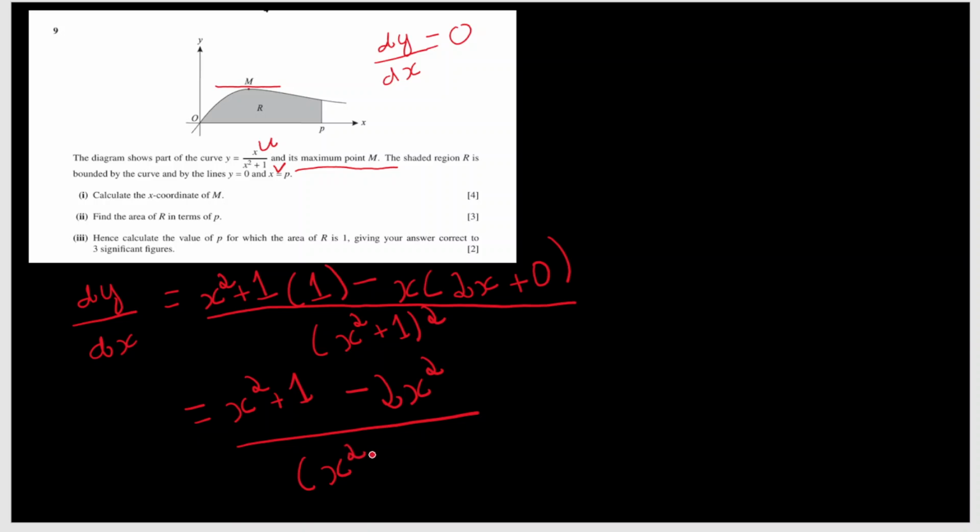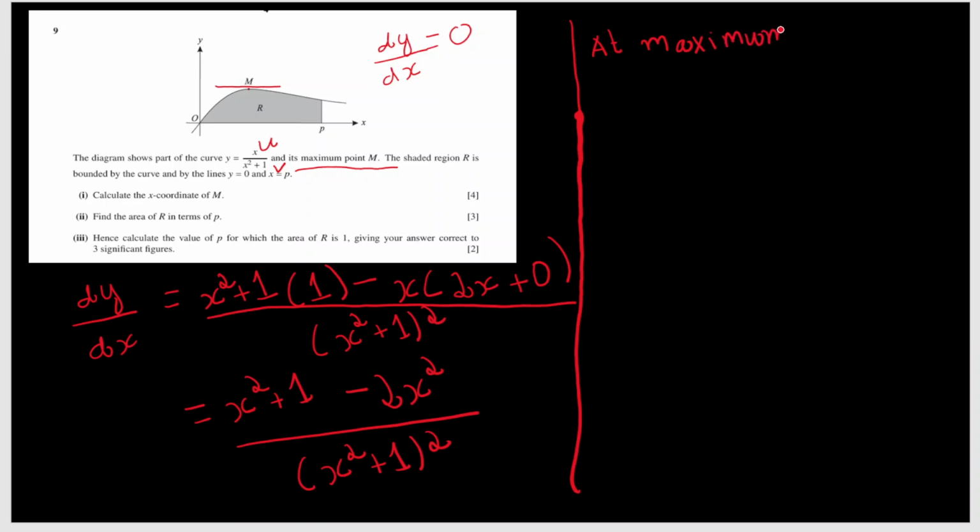Now please don't expand this yet, because you're going to see why expanding this is just going to be a redundant and extra step, because at the maximum point we know dy over dx is equal to 0.